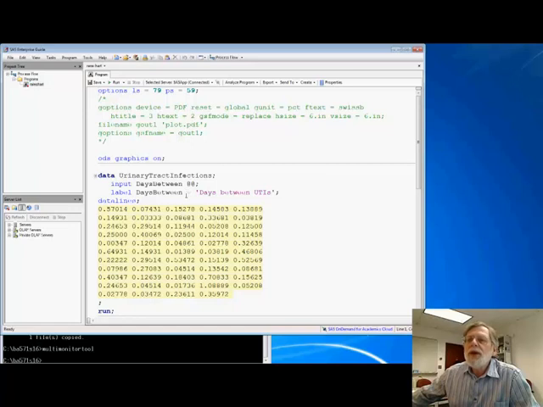So days between infections, and then an @ sign, and that means keep reading across a row this variable until you hit the end of a record, and then just keep going on to the next record. So you can just list them, and you don't even have to have the same number per row, and the idea is that each one is an observation.